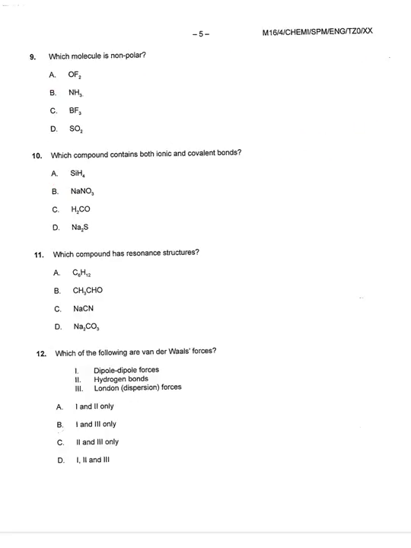Number 9, which molecule is nonpolar? These you might have to think about sketching quickly, but if you think about it, oxygen with just 2 bonds, you can expect it to have 2 lone pairs. Nitrogen with 3 bonds, you can expect it to have a lone pair. BF3 is the one that typically is trigonal planar because it's only capable of forming single bonds.